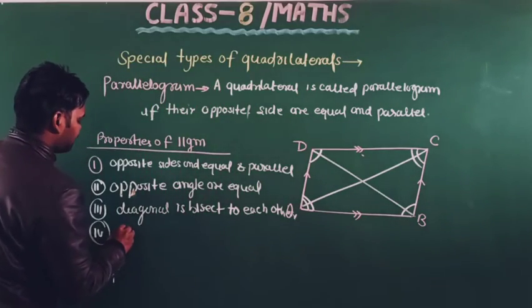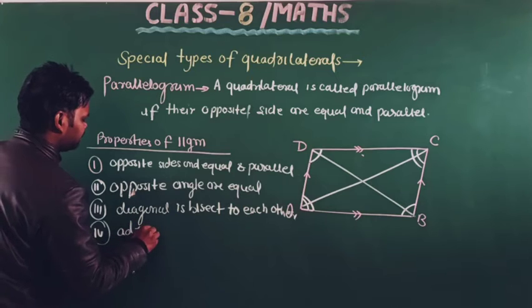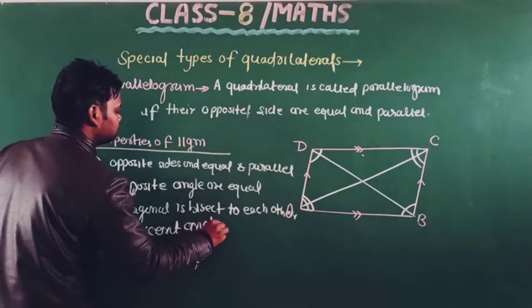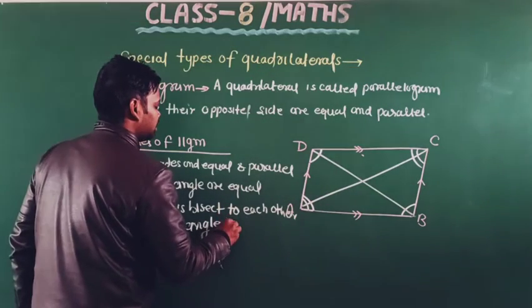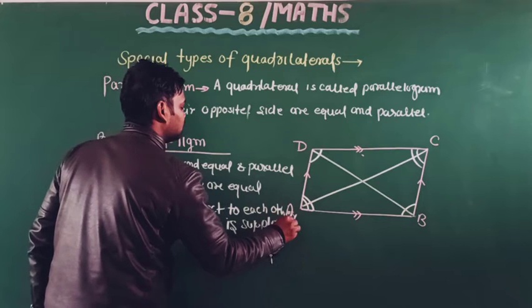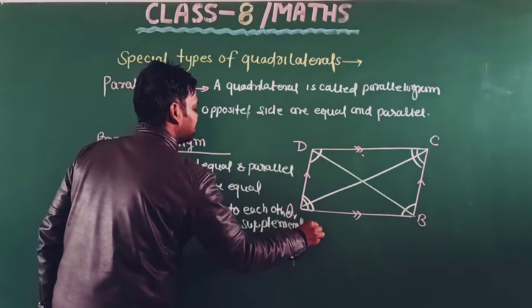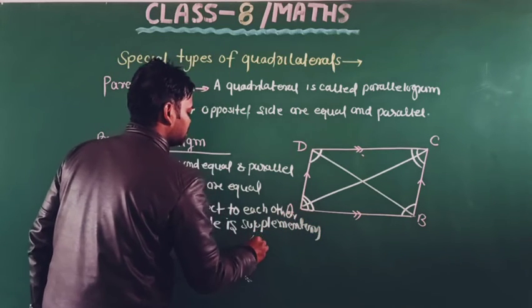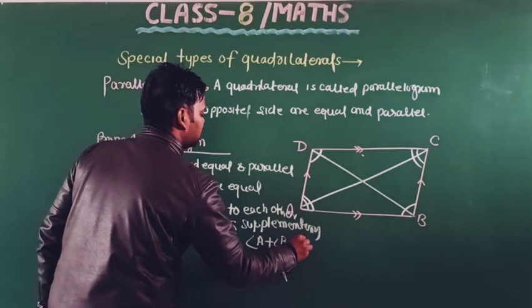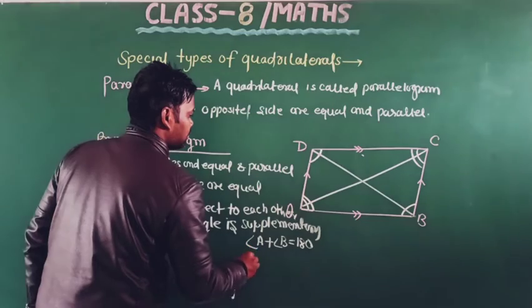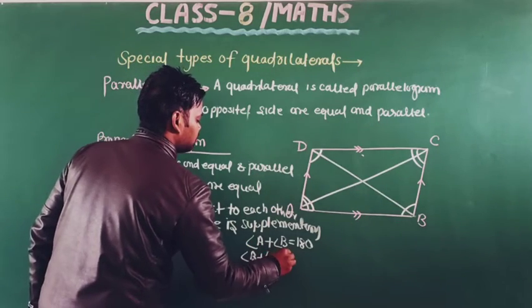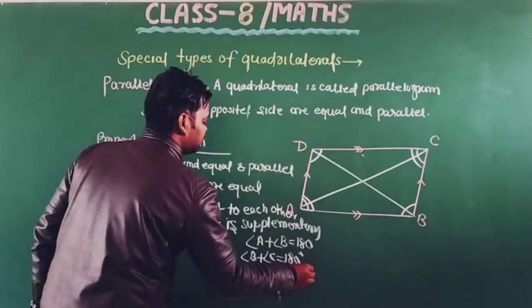The fourth property is adjacent angles are supplementary, meaning the sum of angle A plus angle B is equal to 180 degrees, and the sum of angle B plus angle C is equal to 180 degrees.